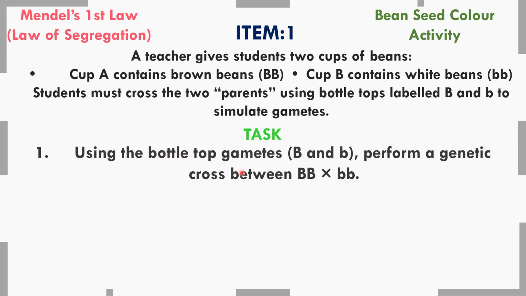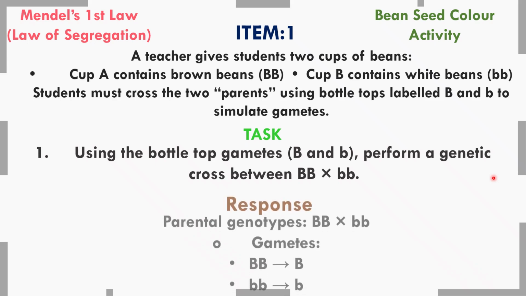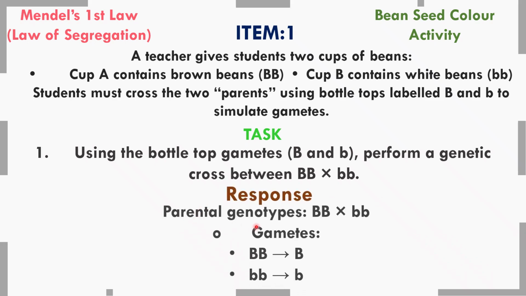Using the bottle top gametes capital B and small b, perform a genetic cross between capital B and small b. Parental genotype: capital B crossed with small b. The gametes: capital B will give us B, small b will give us small b.